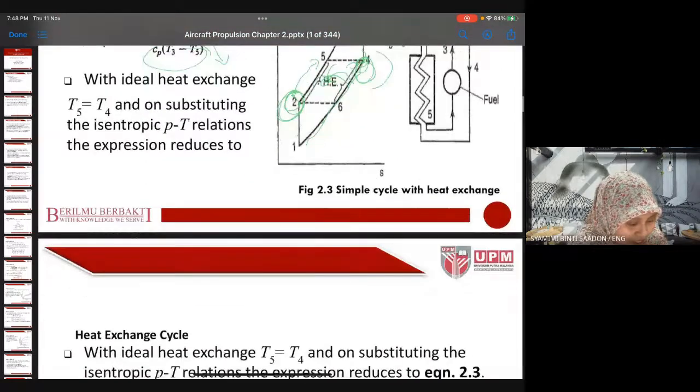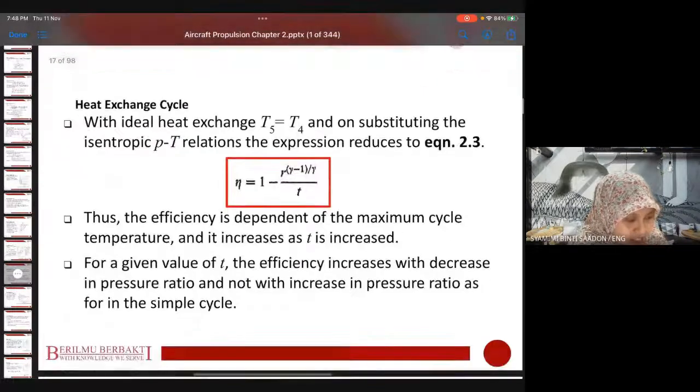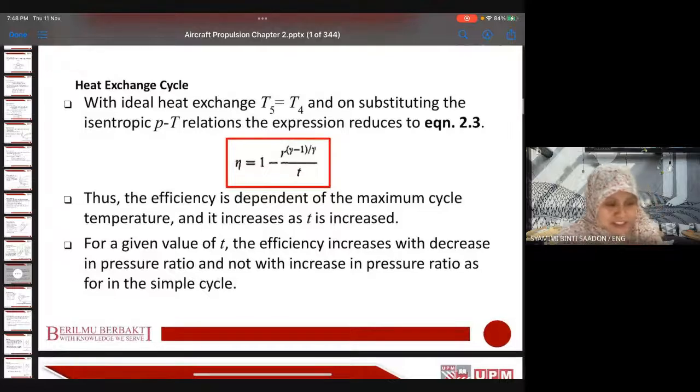Next, still on this regenerator cycle. We can also write the same as just now, the simple cycle. We can link the efficiency with r, the pressure ratio, and T, the ratio of the temperature. Again, it's the same thing.